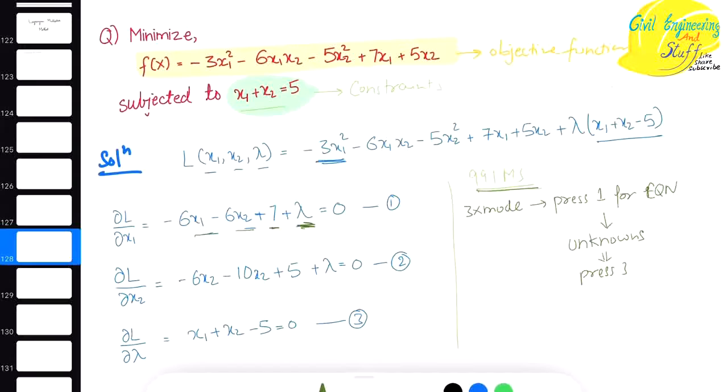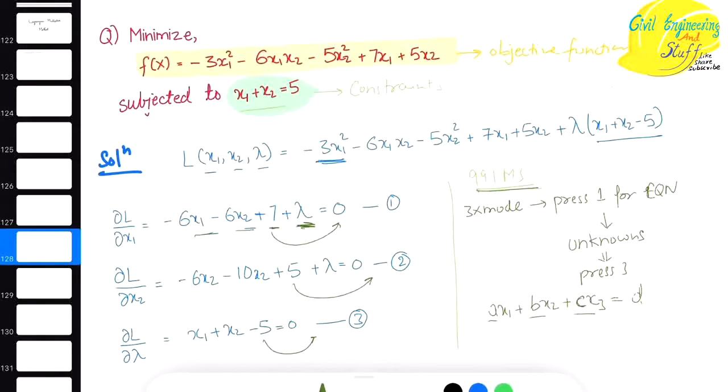Just make sure that the input data are in the form of a x1 plus b x2 plus c x3 is equal to d. So the d variable in this case will be minus 7, and likewise this d is minus 5, and here it will be plus 5. This needs to be taken care of while putting in the values.